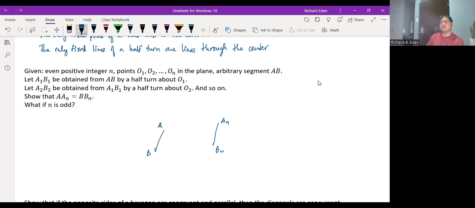All right, because when you perform those half turns and there's an even number of them based on what we described, then that means ayun, and in fact, A sub n is the image of A and B sub n is the image of B. So parang ano, hindi to nung babaliktad. So translation talaga. In other words, we get a parallelogram here. And that's it.